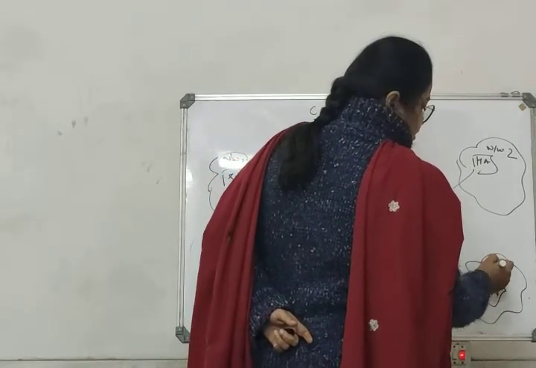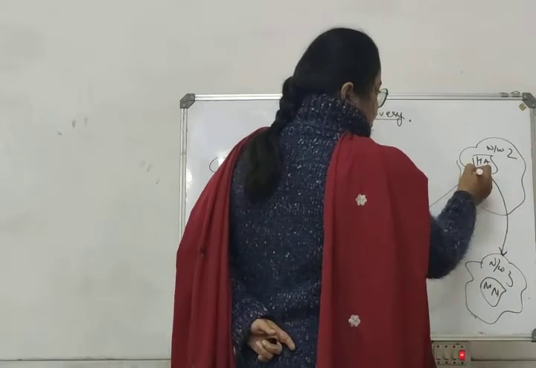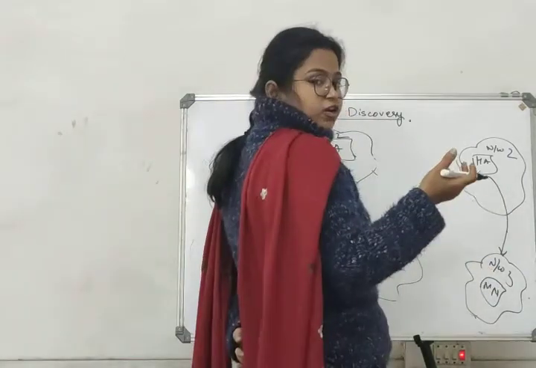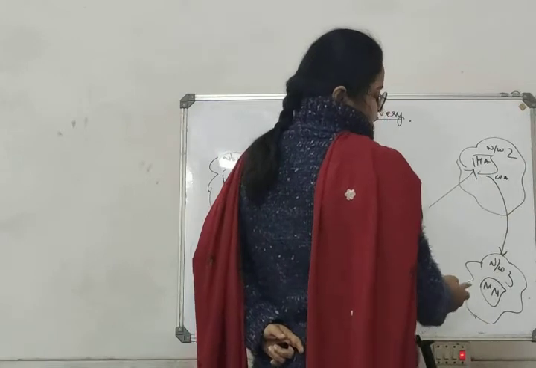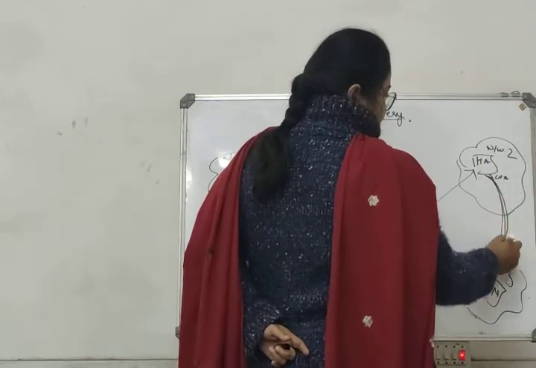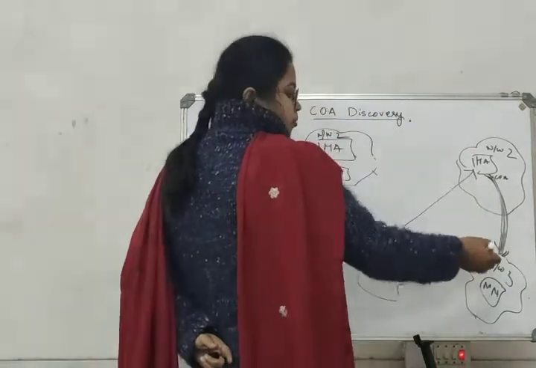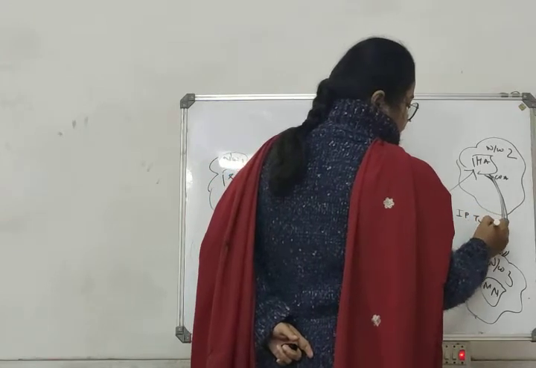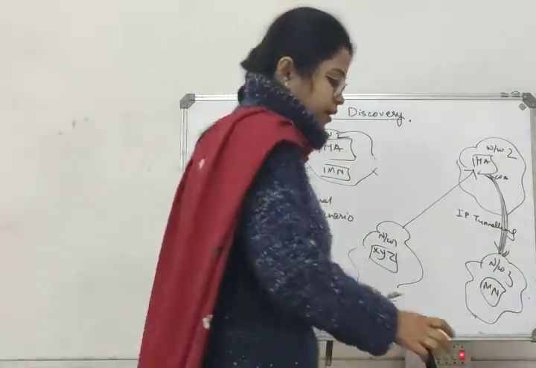The mobile node is in network 3. So now it is the home agent's responsibility to send the packet to MN. But how will it know where the MN is present? Through the care of address, because it has the care of address. Now this process is called IP tunneling. This sending of a packet from the home agent to a different network is called IP tunneling. I hope you got the idea.